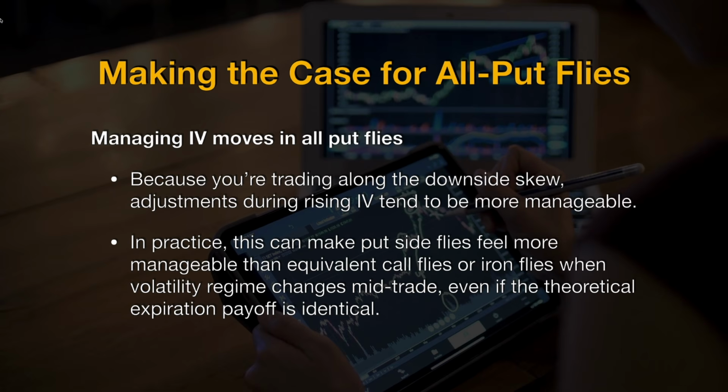And that's regardless of the profit and loss diagrams that we see at expiration. So in all practicality, even though the call side and the put side look identical at expiration, managing how these trades behave prior to expiration makes all the difference in the world. And I find that the put flies tend to be easier to manage when we see an increase in implied volatility with a decrease in price.